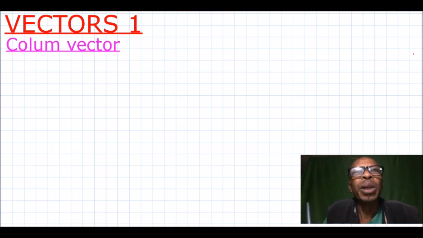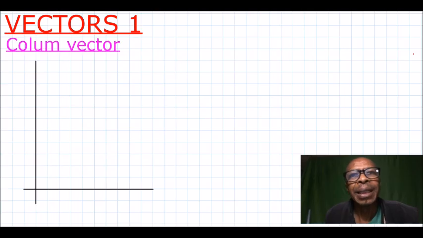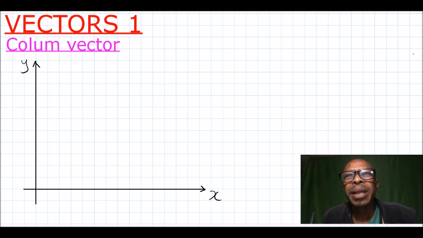I'm going to use a Cartesian plane to demonstrate that. So let me draw a Cartesian plane here. We have the y-axis and the x-axis, and we show the arrow there, and then we have our x here and our y there. When you draw the Cartesian plane, you must label.